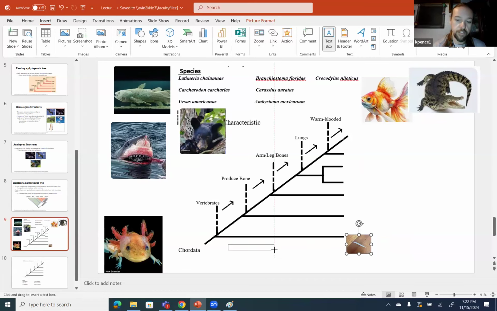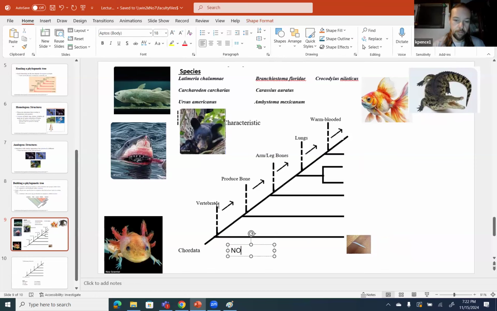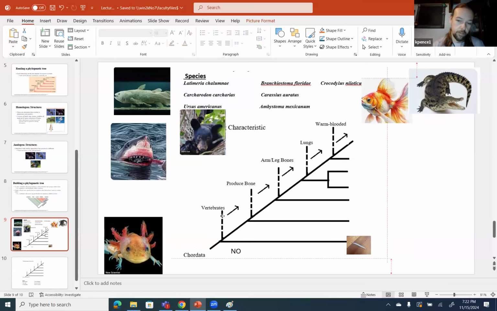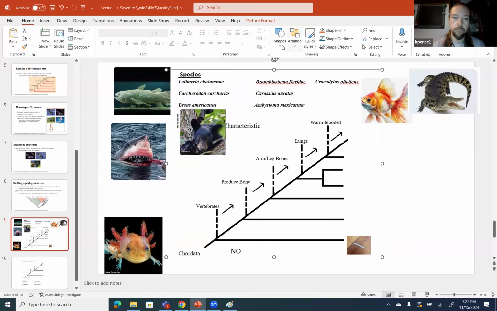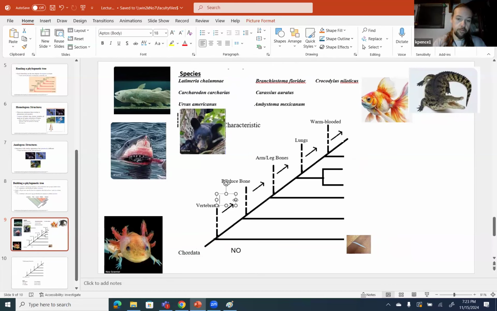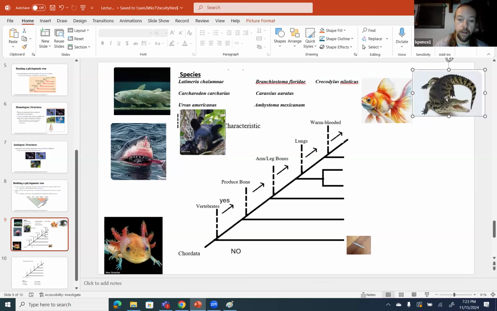This node means no, and then up here with this arrow, the arrows mean yes. So an axolotl, a great white shark, a coelacanth, a bear, a goldfish, and a crocodile all are yes. They have a spinal cord, so they should go on this branch.